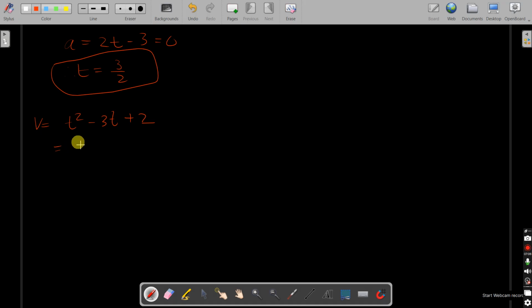So this becomes c by 2 square minus 3 into c by 2 plus 2 meter per second. We can solve this.